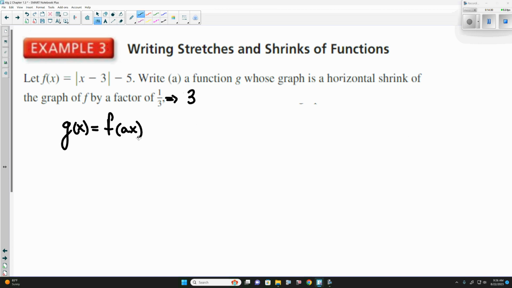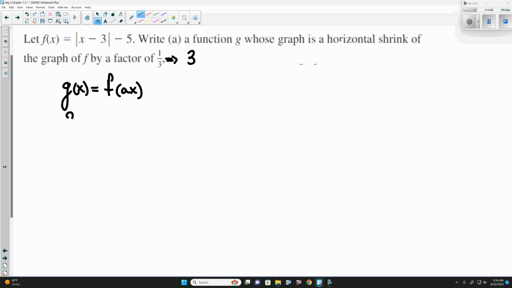Now what is the value of a? It would be 3. f of 3x. So whenever we see horizontal, we just have to flip that fraction, whatever it is.